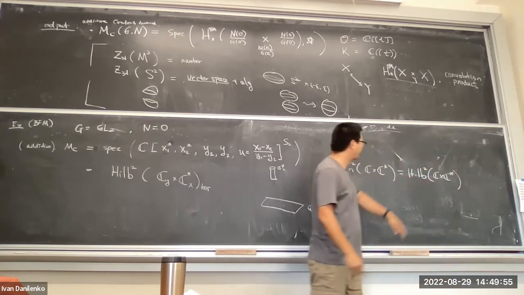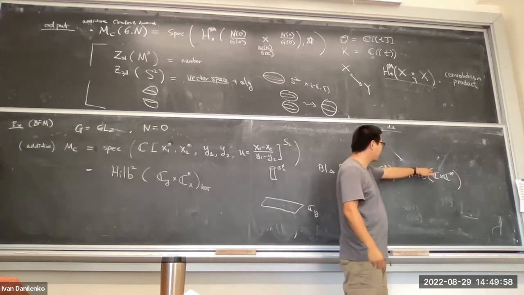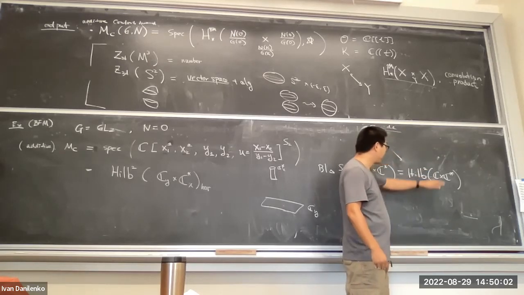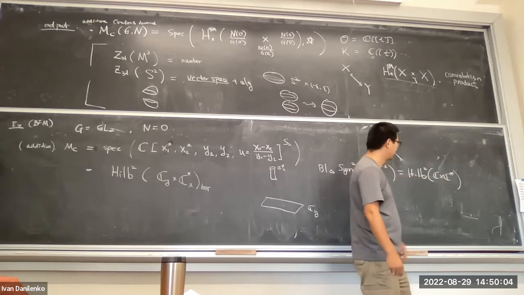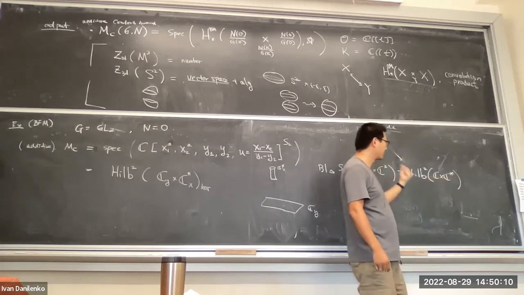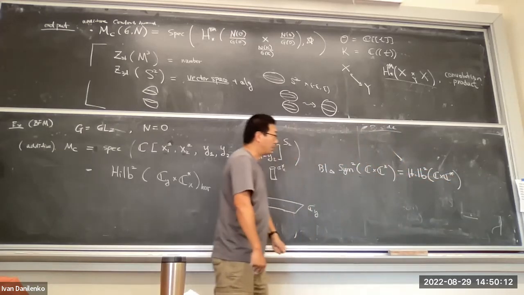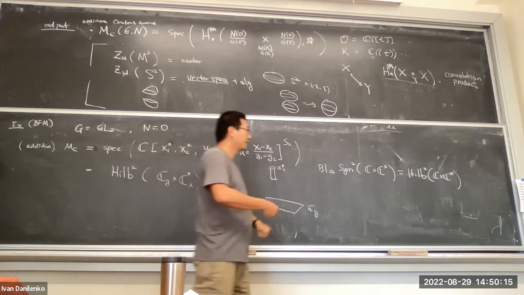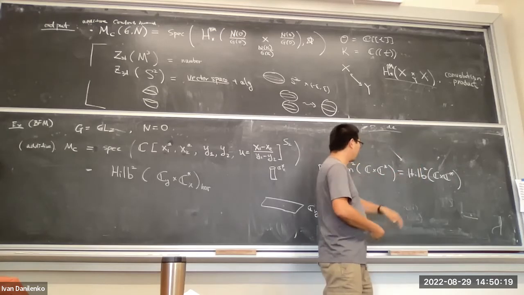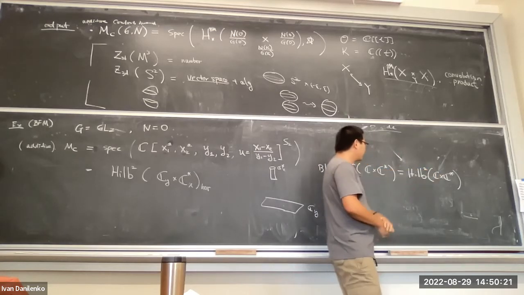I won't give you a definition; these are abstract algebraic definitions where you take some ideal in the structure sheaf of C times C star, such that the quotient of the structure ring by the ideal has length 2.